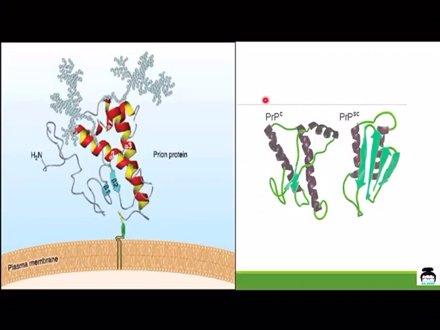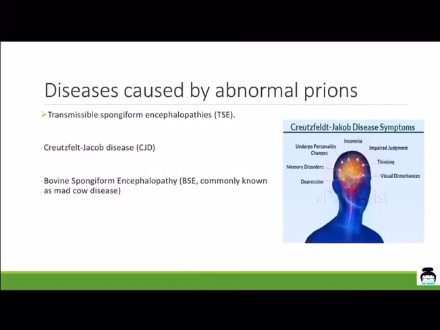So you have this normal prion protein, and you have this abnormal prion protein over here. The normal one is called PrPC and is made mainly of alpha helices. The abnormal one is called PrPSc and is made of many beta sheets, right?